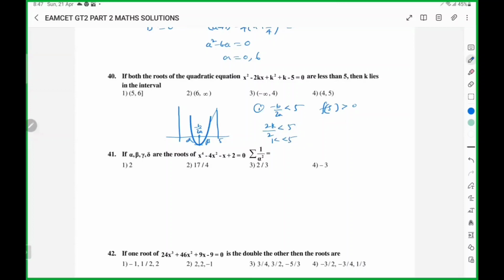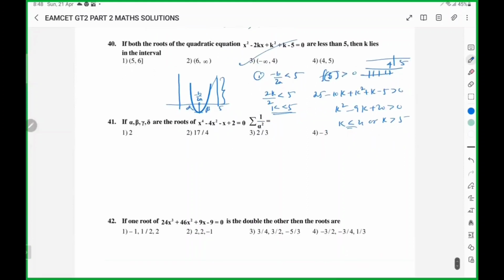Here f of 5 is positive: 25 minus 10k plus k square plus k minus 5 greater than k square minus 9k, that is k less than 4 or k more than 5. The common part of less than 5 and less than 4 is minus infinity to 4.